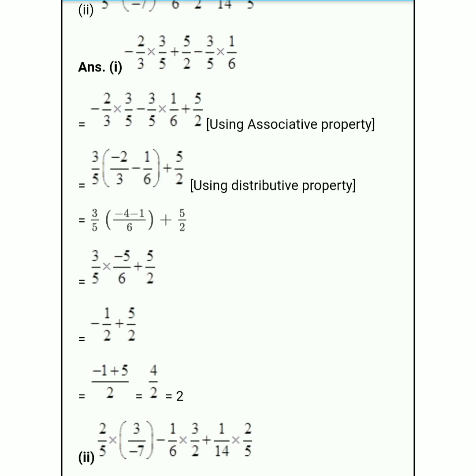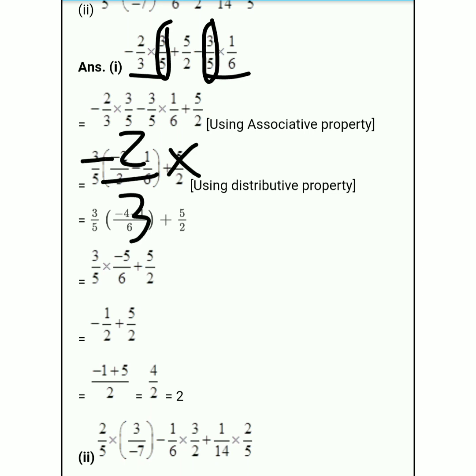Now in the first term and third term we can see 3 by 5 is common, because 3 by 5 is present in both the first and third terms. So first of all, we can arrange the terms with their signs. I am writing our first term, minus 2 by 3 multiply 3 by 5.